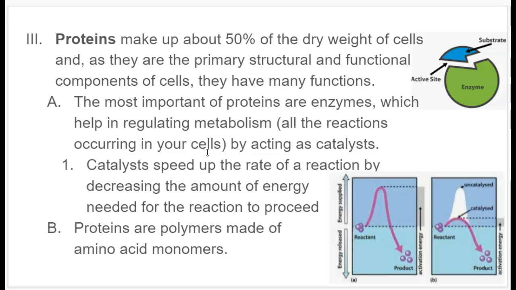They act as catalysts by speeding up reactions that would normally be too slow in cells. They help speed up those reactions to keep the cell alive, and they're also structural components in cells. So they do a lot of different things. We need to remember that proteins are polymers, so they are very large molecules that are made up of a bunch of smaller amino acid monomers.